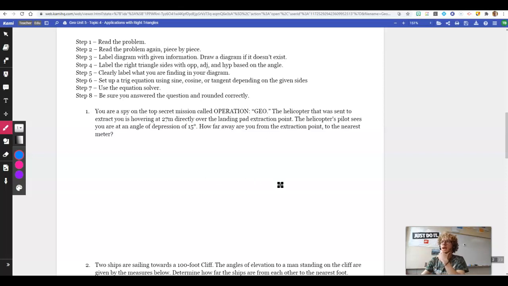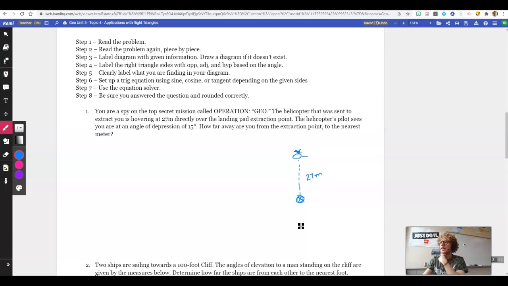You are a spy on a top secret mission called Operation Geo. The helicopter that was sent to extract you is hovering 27 meters above the landing pad extraction point. So if we have a helicopter, there we go, and it is directly above the extraction point. I won't call that X, we'll just make that a circle for landing pad, and we'll call this 27 meters.